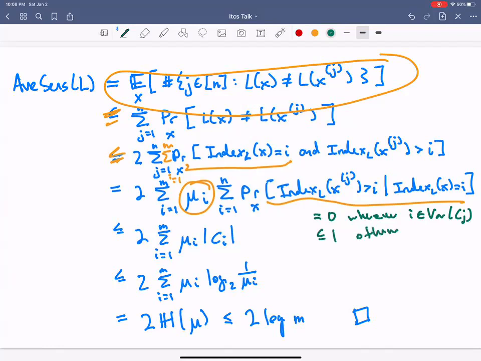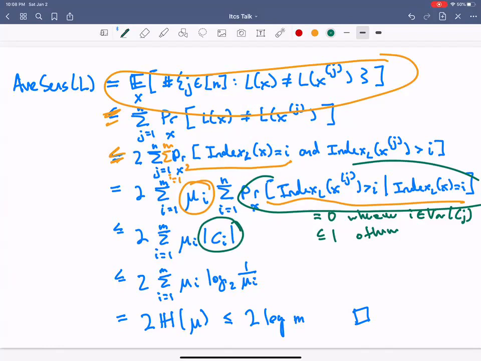But then summing over all the variables, the contribution that we get from here is at most just the number of variables in Ci.